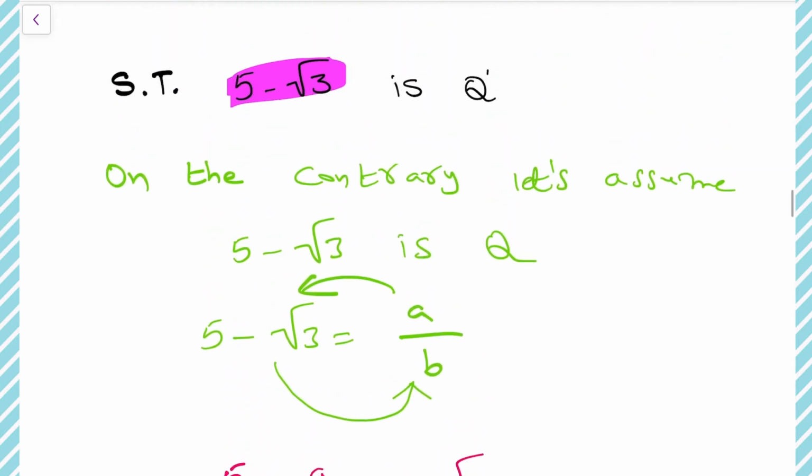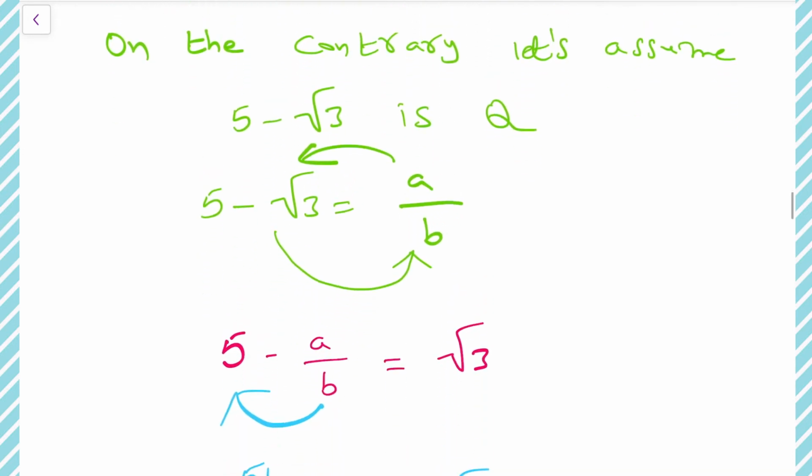So in this case, we assumed that 5 minus root 3 is a rational number, so that we wrote it in the form of a by b. Then it means a will become the numerator and b will become the denominator. So a comma b belongs to integers, b not equal to 0. This is the condition, right?